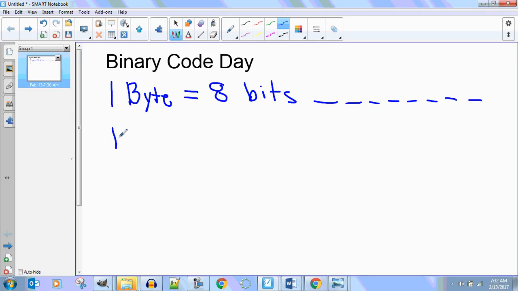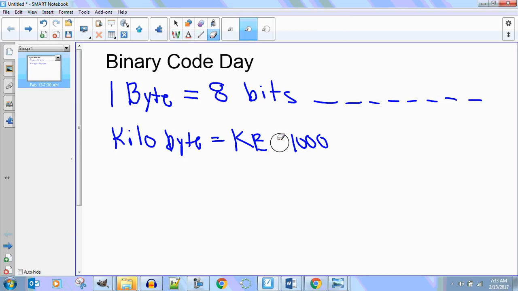Now, go ahead. We have something called a kilobyte. Has anyone ever heard of a kilobyte before? Okay. This is a kilobyte, which you might see as KB. Which is equal to 1,000. And I need to erase this.